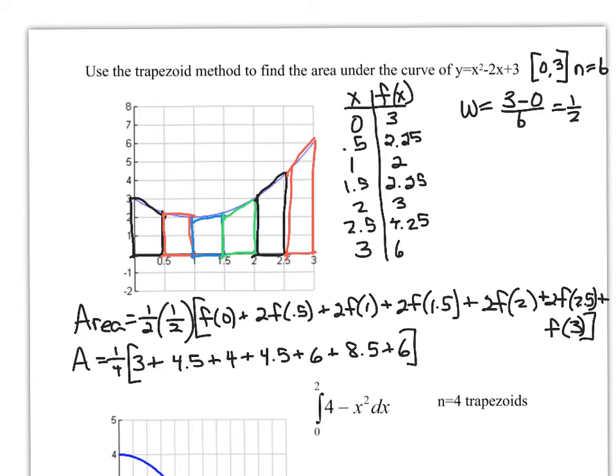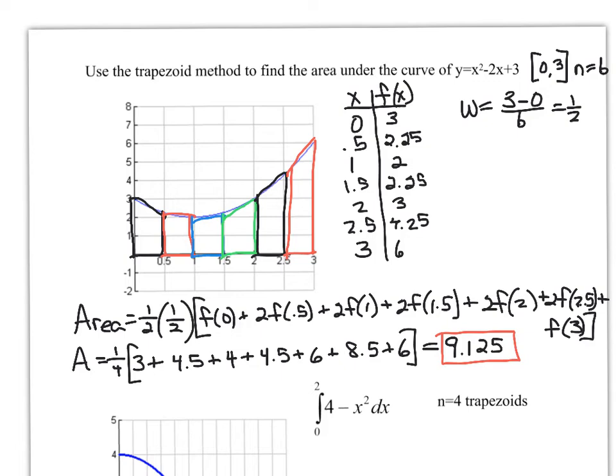Now when I add all of this together using my calculator, I ended up with a total of 9.125. Now that area is actually a very good approximation for the area under the curve. I can tell that I haven't left off very much area and I haven't counted any extra.